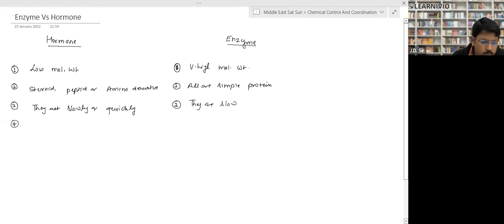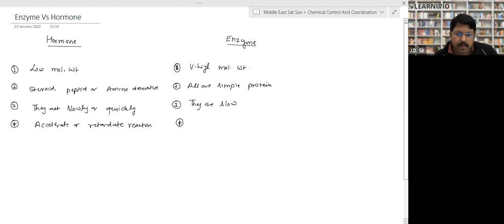Fourth point, hormones accelerate or retard specific reactions, and enzymes just speed up reactions, means they accelerate the reaction.